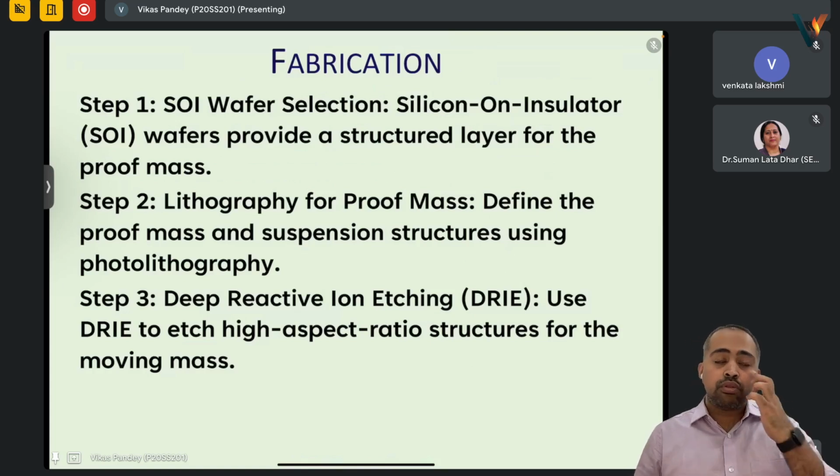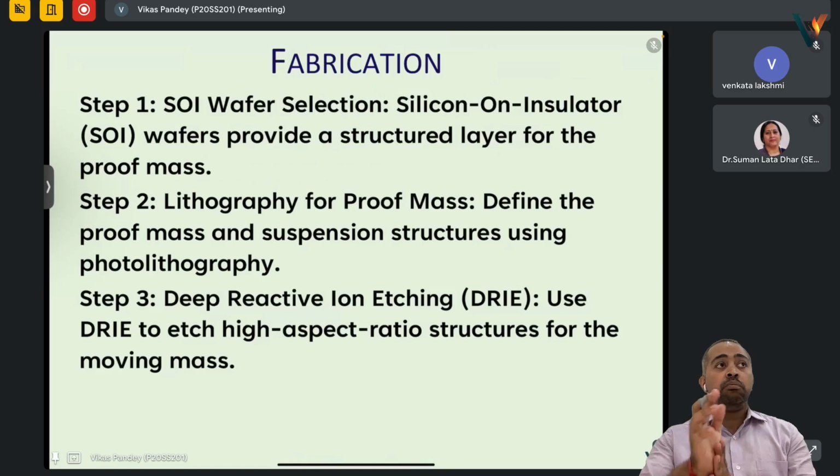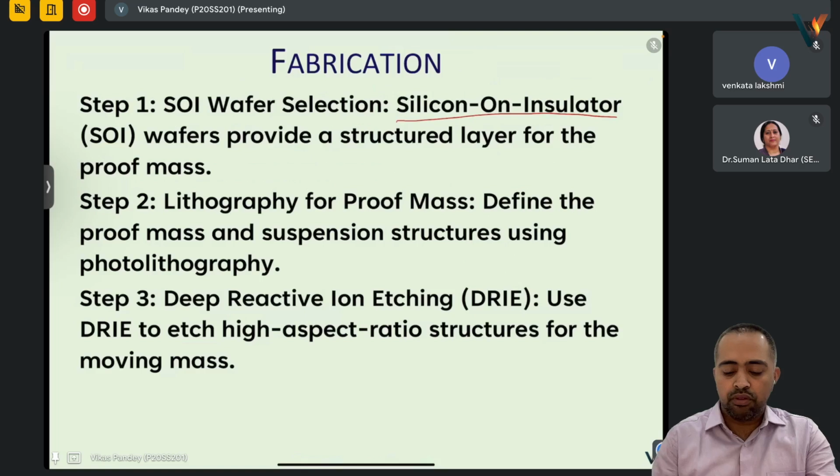So to start with, here we take a special type of silicon wafer that is prefabricated and a bit different from what we generally use, that is silicon on insulator wafers.